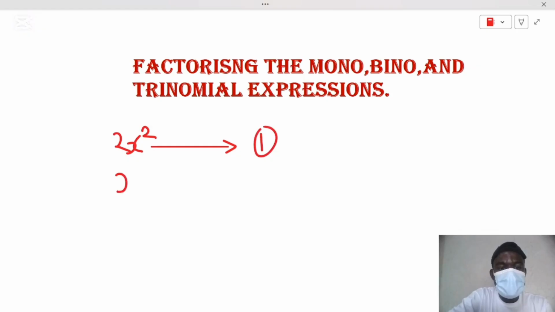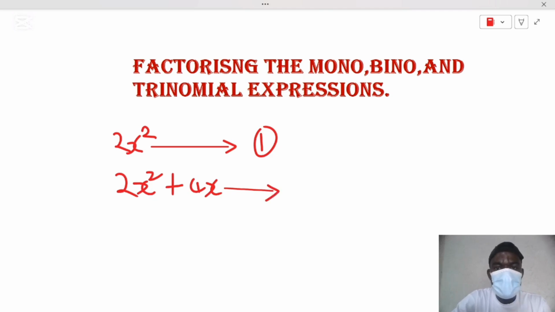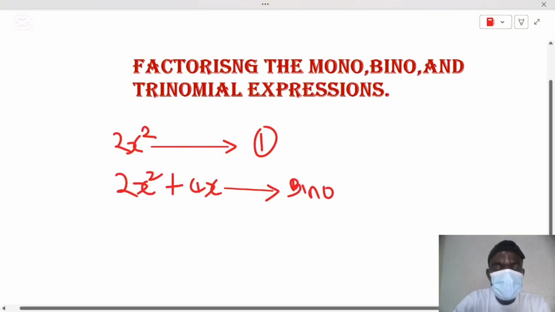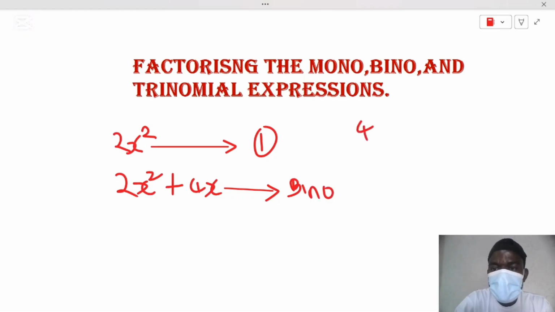But if you have 2x squared plus something like 4x, it is made up of two components, so it qualifies to be a binomial expression. Bi means two. But if you have an expression with three parts, like x squared plus 2x plus 1, this is a trinomial expression.